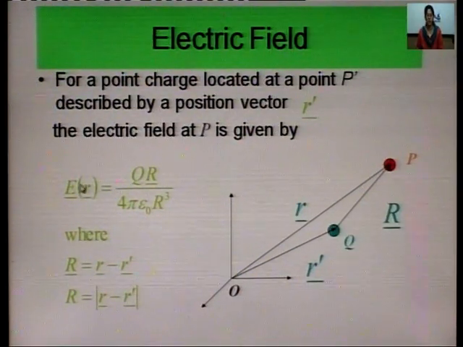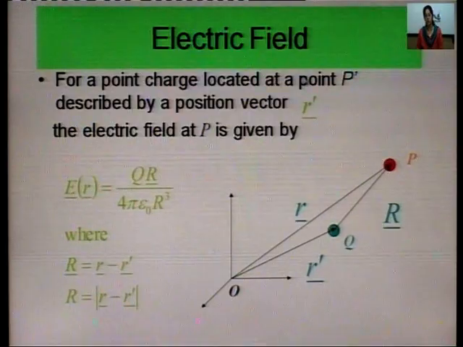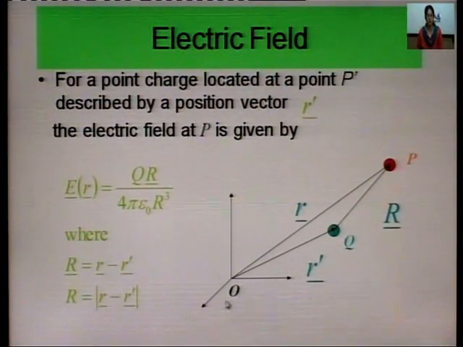So again E is equal to Q R upon 4 pi epsilon naught into R cube, where R is R minus R dash. Now this is the vector expression. For a point charge located at a point P dash described by a position vector R dash, the electric field at P is given by this expression.